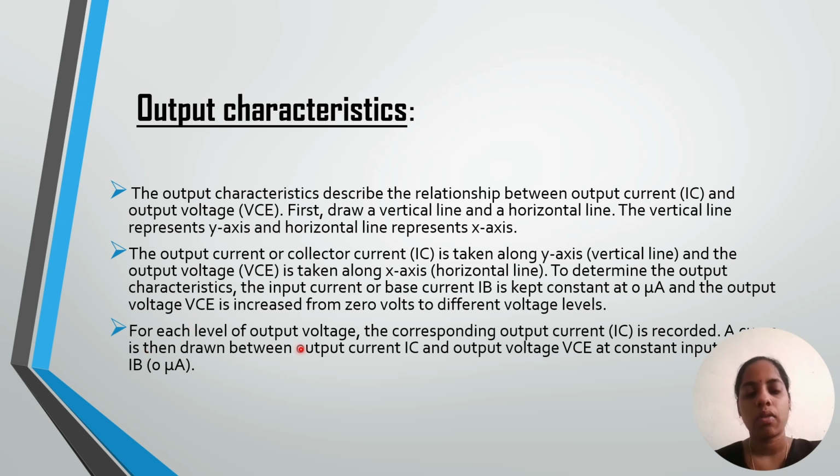For each level of output voltage, the corresponding output current is recorded, and the graph is drawn between IC and VCE at constant input IB equal to 0 microamperes.